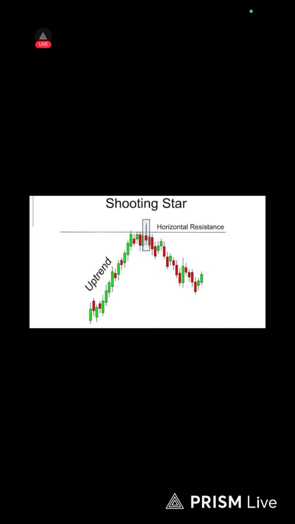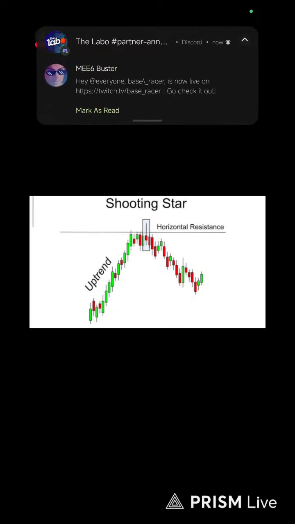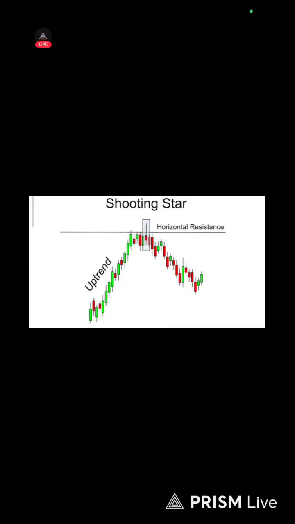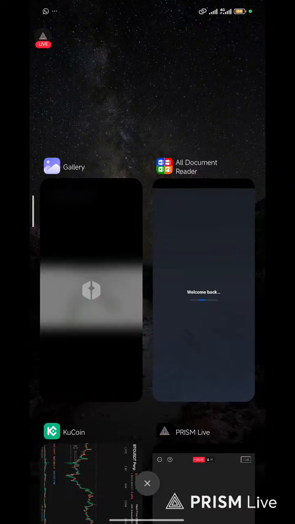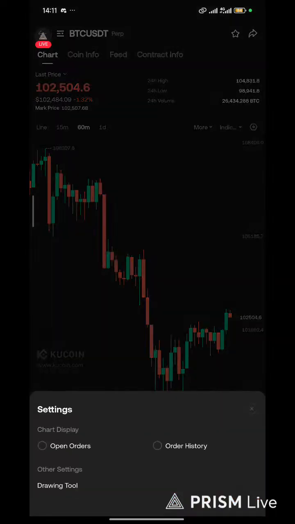So now let's dive into the live chart and see how this takes place, how this tends to occur. So now let's go back to our chart.